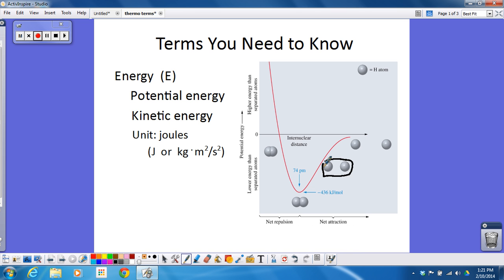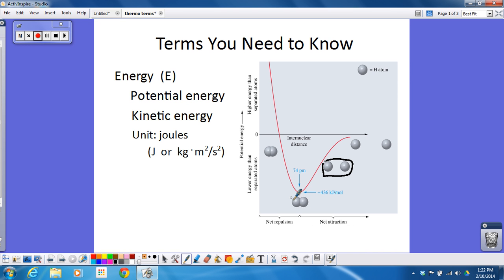As they get closer together, there starts to be a force of attraction between them, and that force of attraction is governed by something called Coulomb's law. Coulomb's law says the force of attraction between oppositely charged particles is directly proportional to the size of the charge and inversely proportional to the distance. So the closer these two get together, the more force of attraction there is.